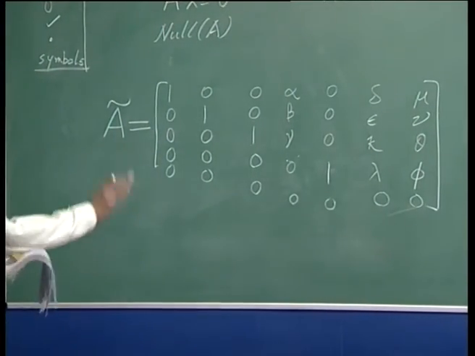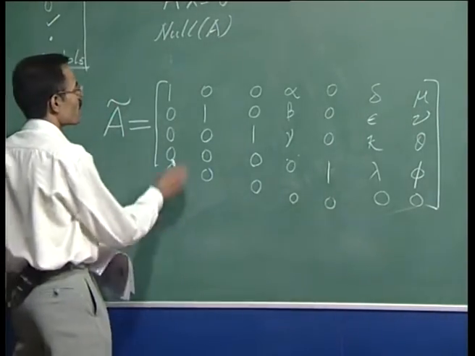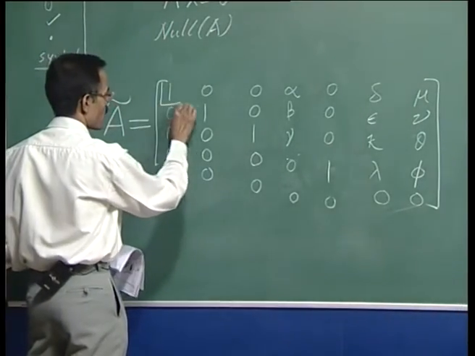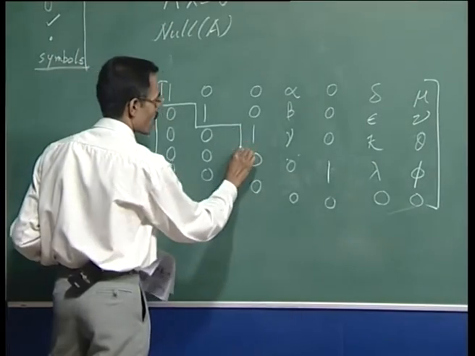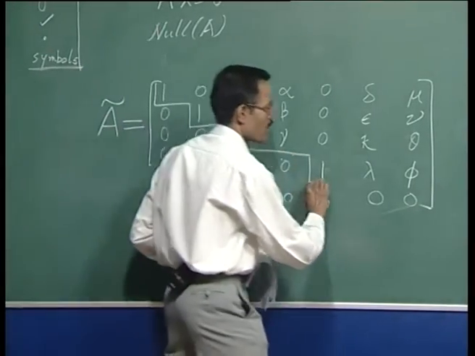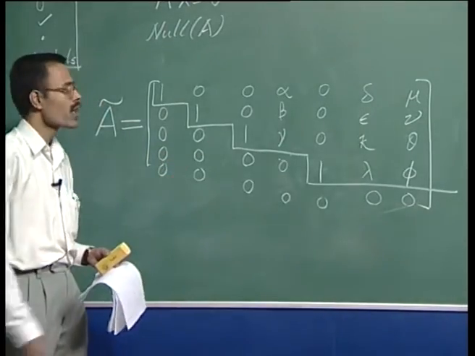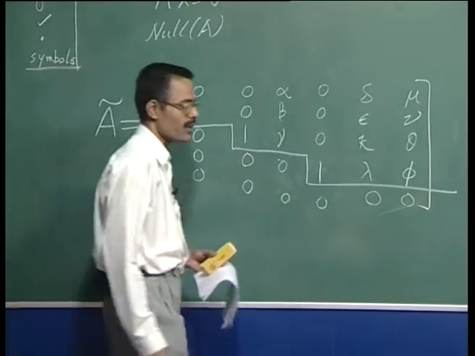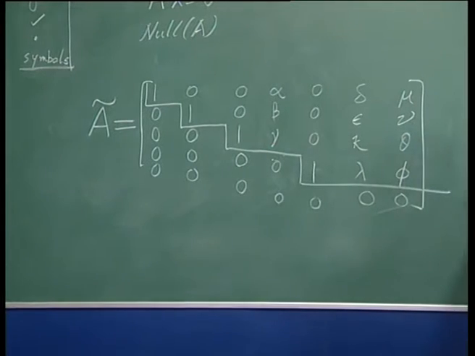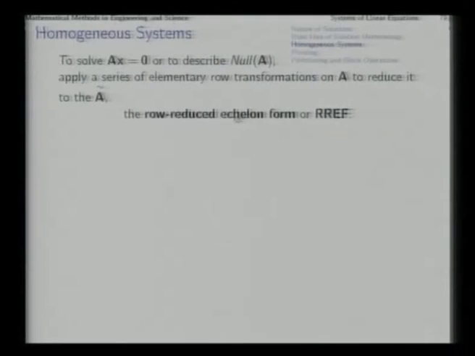And now in this reduced matrix, see this structure like this, like this, like this, below which everything else is 0. This form is known as the row reduced echelon form. Echelon is a French word which means steps.